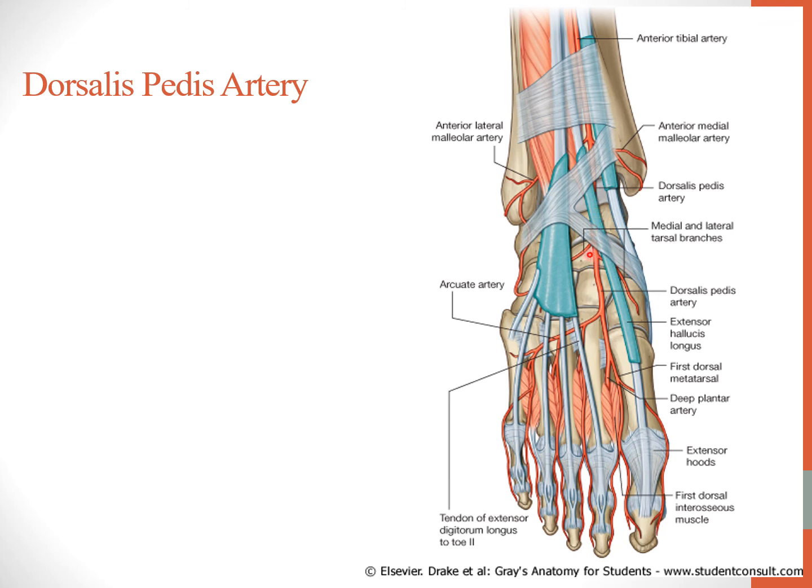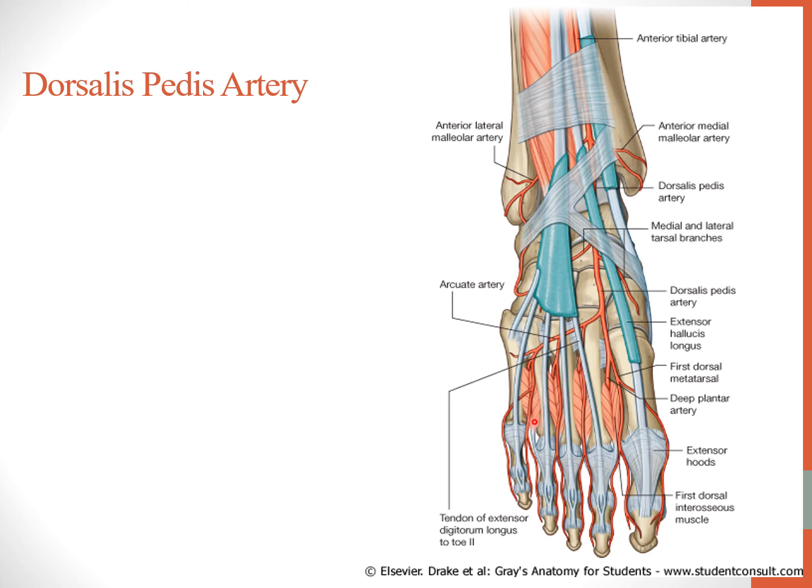It gives the tarsal artery, and then as it descends it gives a branch which forms an arch-like structure. That's why this artery is known as the arcuate artery, and the branches arising from the arcuate artery are known as metatarsal arteries.